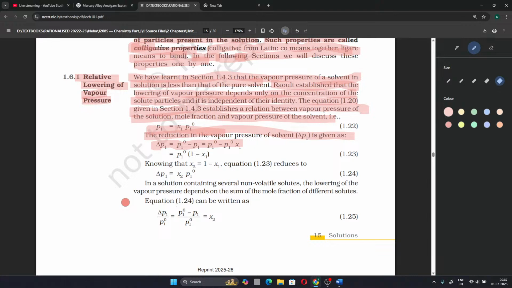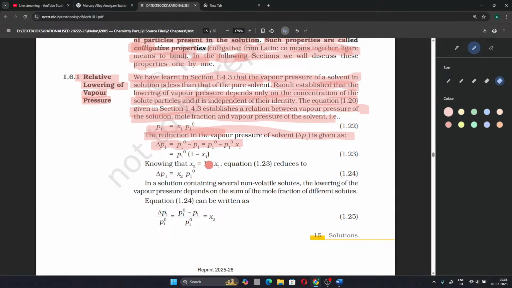The change in vapor pressure is P initial minus P final, where the pure value is P0, and we know that the partial pressure is chi1 P0. So the change in vapor pressure is P0 times (1 minus chi1). Knowing that chi2 equals 1 minus chi1 reduces the equation, since 1 minus chi1 equals chi2 in a binary solution.